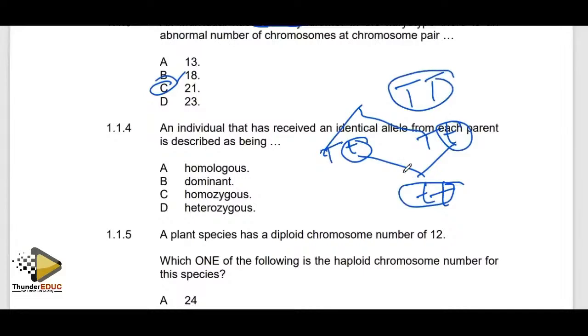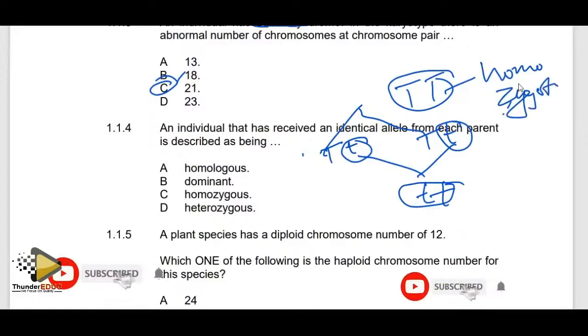So how do we call that individual which receives those 2 alleles? Because they are the same, it is homo. So it is going to become homozygous, because you are describing a zygote. That zygote has the same kind of allele. So the answer is going to be C, meaning homozygous.